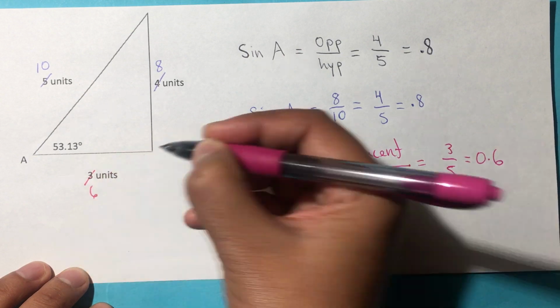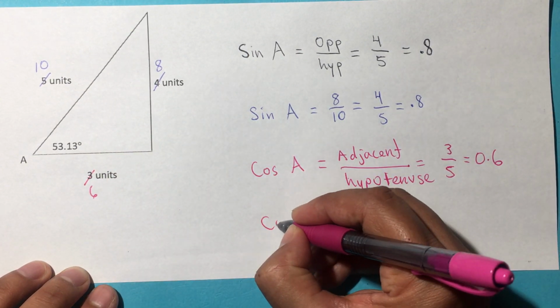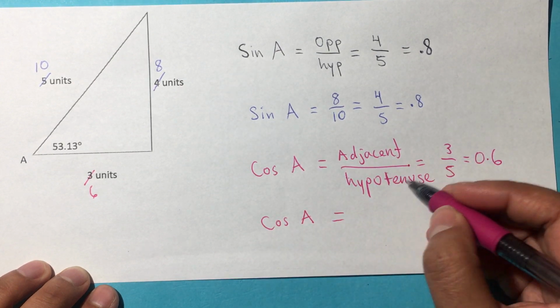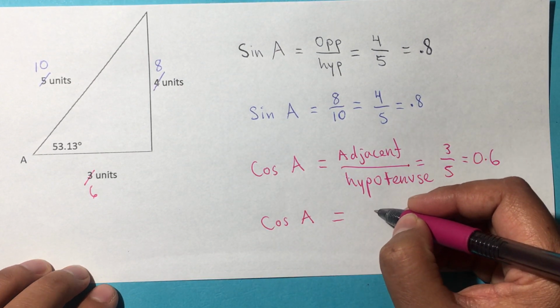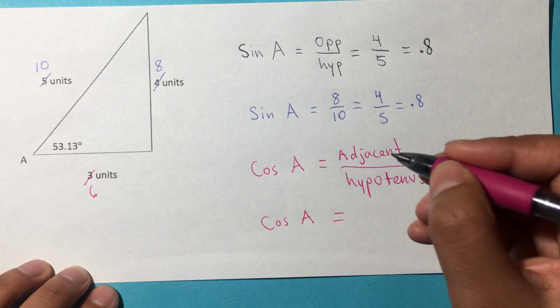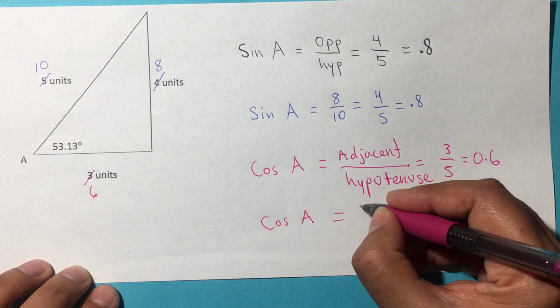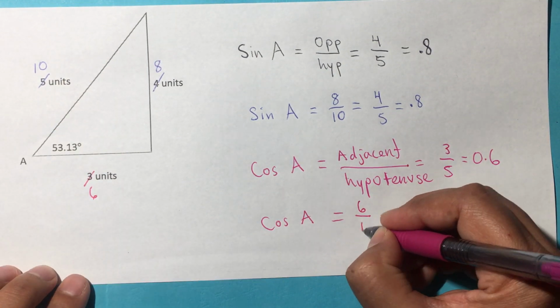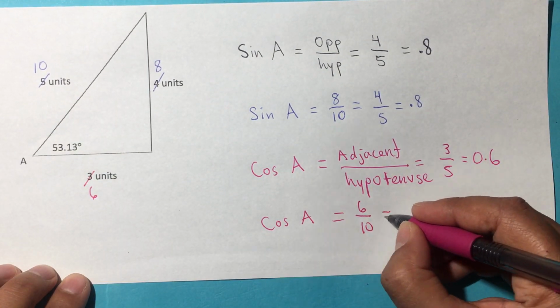So if we double this, it's going to be 6. So cosine of A, which is adjacent over hypotenuse, will be 6 over 10. That's when we doubled it.